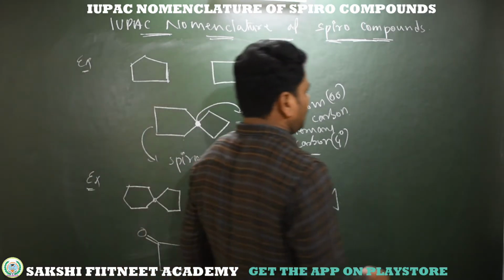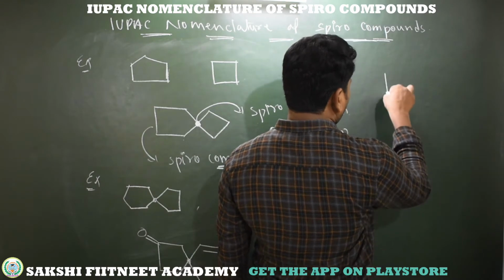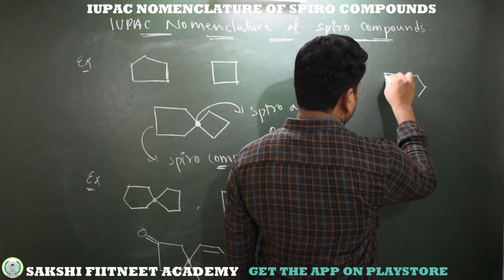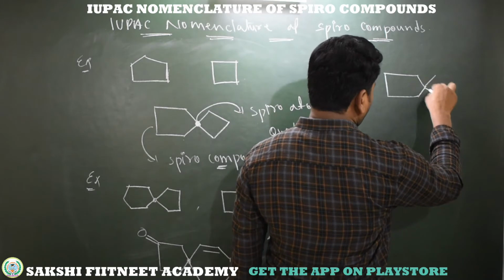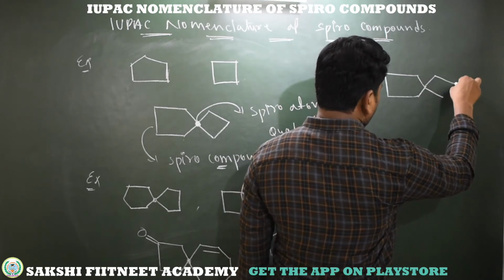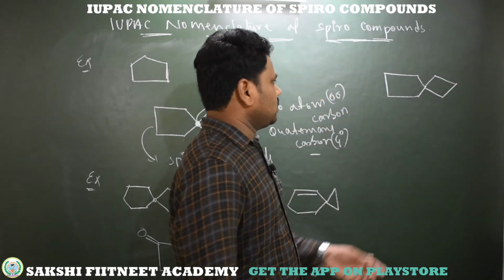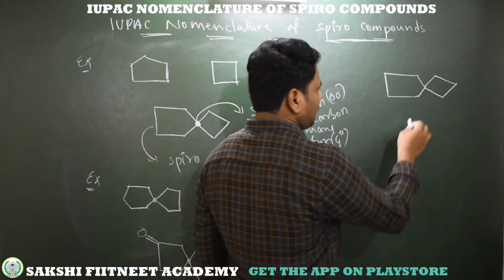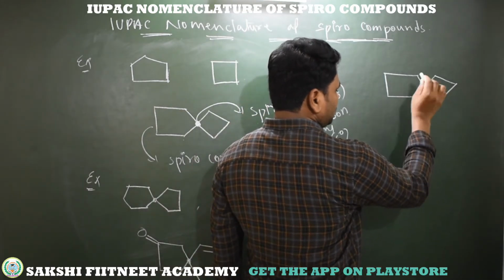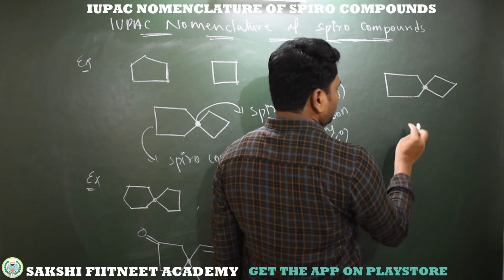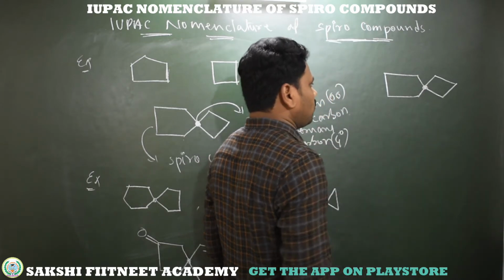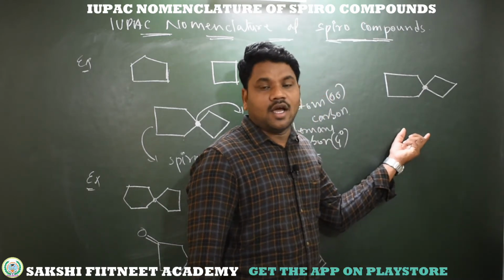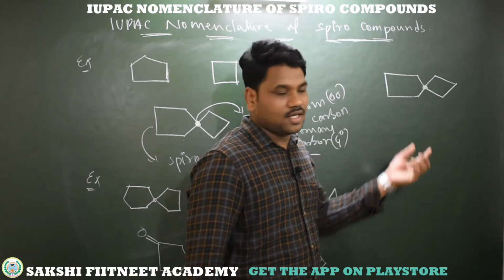To understand clearly, here I am just taking a simple compound which is cyclopentane bonded to cyclobutane. This is a spiro compound. So both the cyclic systems are connected through this carbon. Now for spiro compounds, names start with a prefix which is spiro.